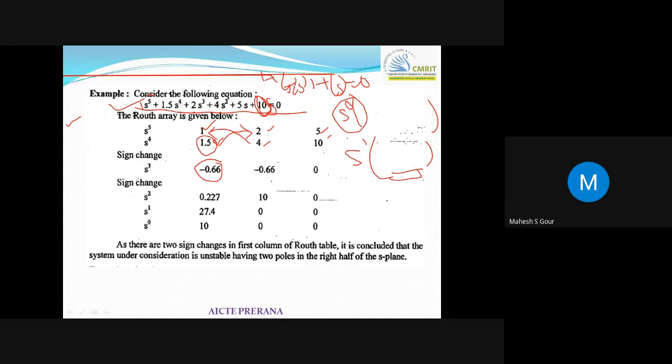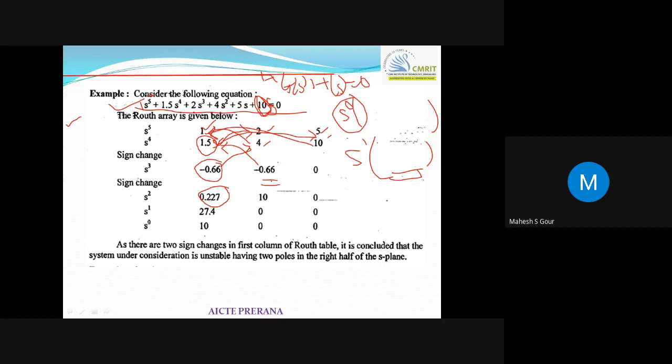Similarly, you will solve 1.5 into 5 minus 10 into 1 divided by 1.5, and you will get this as the answer. In the next step, you will again solve 0.066 into 4 minus 0.66 into 1.5 divided by minus 0.66, and you will get 0.227. Like this, you will finish off.